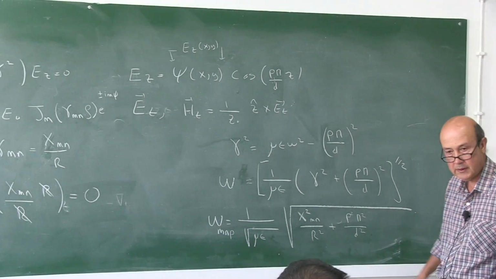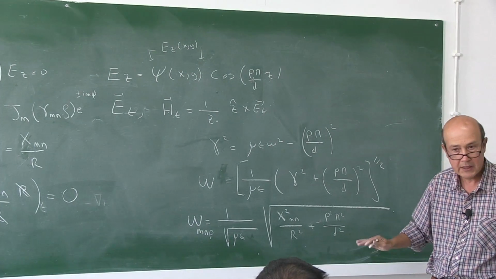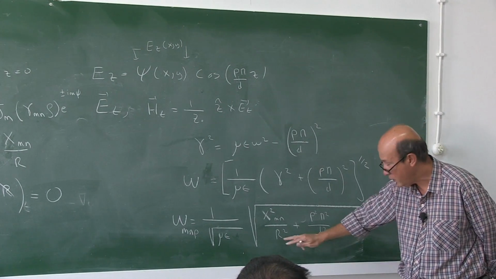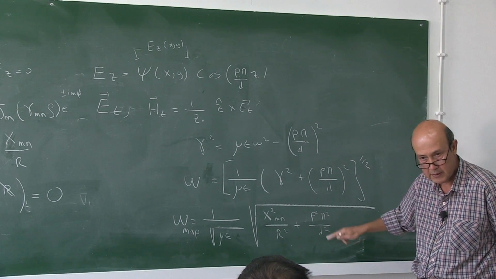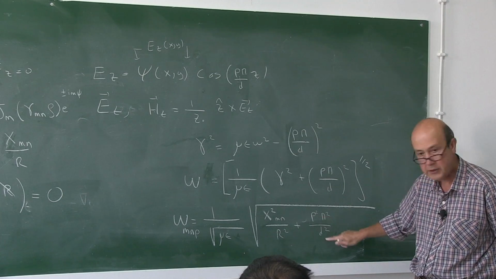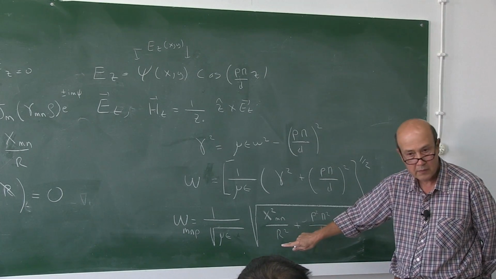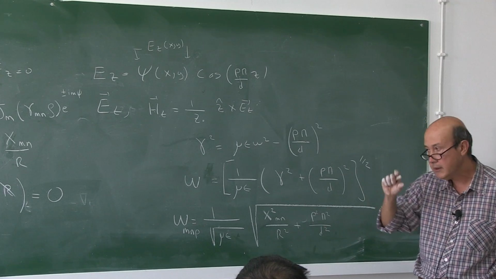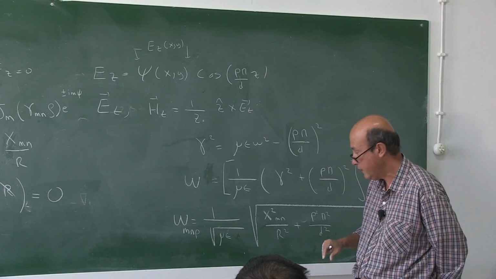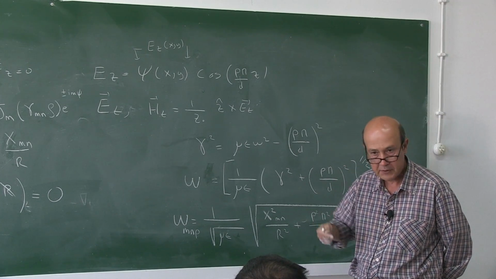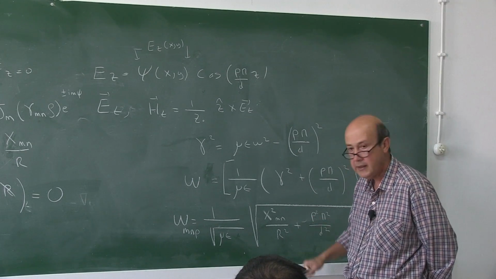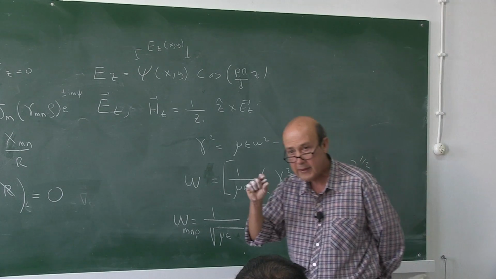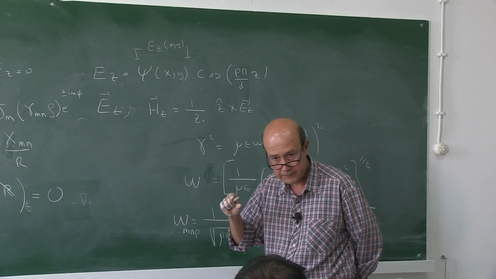It depends on the dimension. What dimension you have? 1 over r square, 1 over d. To take the simplest one, for example, p is equal to 0, then it depends on 1 over r. So the resonant frequency, or the wavelength calculated using the resonant frequency, is related to the dimension of the cavity.